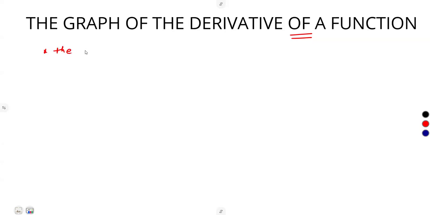So what I'm simply saying here is that the derivative, right? If you have to consider the derivative of a function, the derivative of a function is itself a function. It is itself also a function that we must consider.